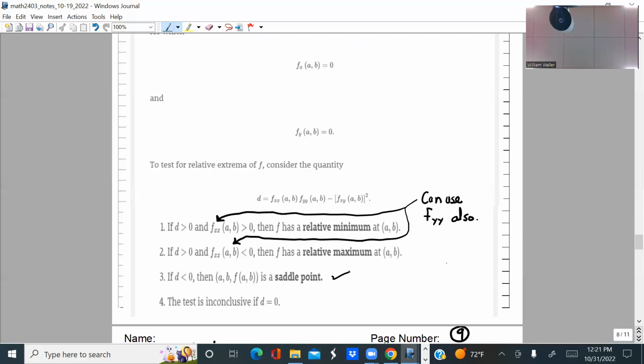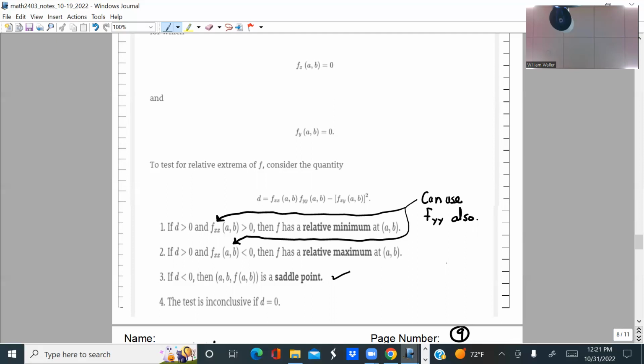So we see that we have a saddle. But remember now, this test applies when you find the critical point by setting the first partial derivatives to 0. That's how you found the critical point.